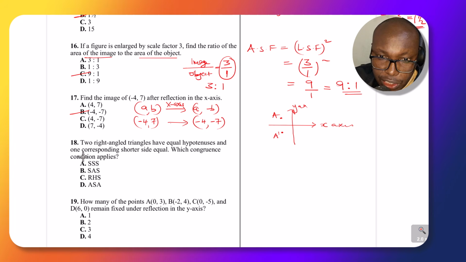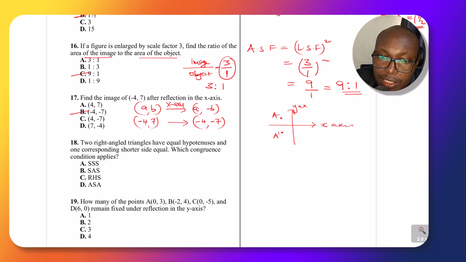We go to question 18. Two right angled triangles have equal hypotenuses and one corresponding shorter side equal. Which congruence condition applies? In this type of congruence, it is the one that involves the right angled triangle, where we have the right angle, and that is what you're going to check in the solution. And then there is the hypotenuse, and then there is one side.